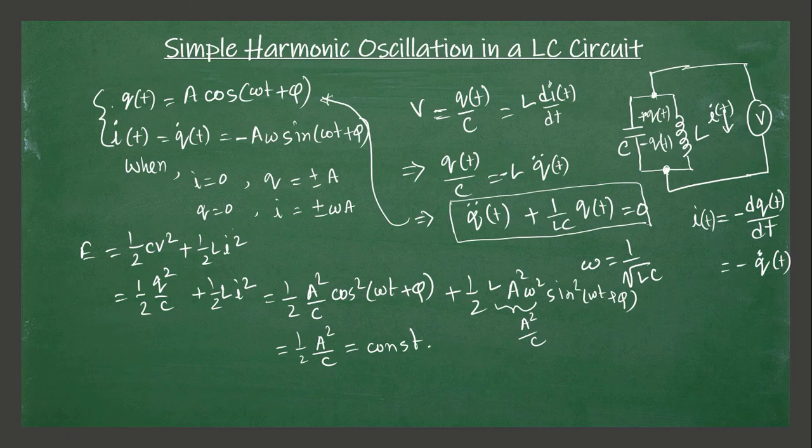So we can write the total energy to be equal to half Q max squared over C. This means that we can write this constant A to be equal to Q max, which we can write as C times V max. So the total energy here can also be written as half C V max squared.